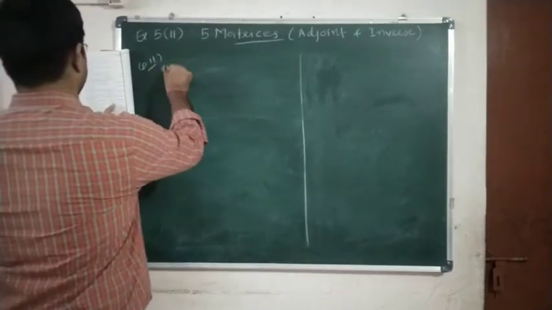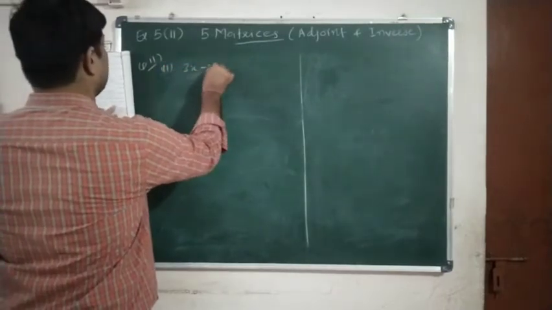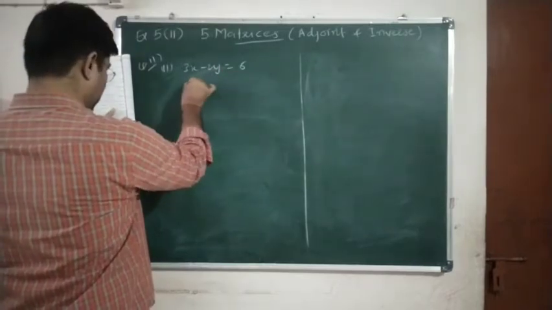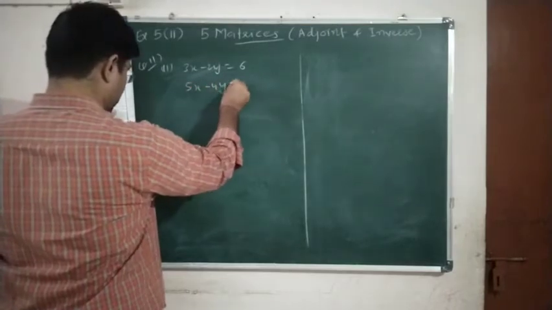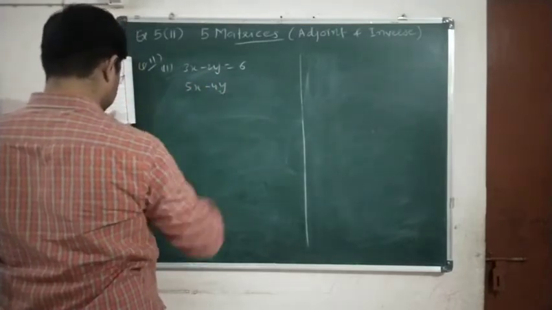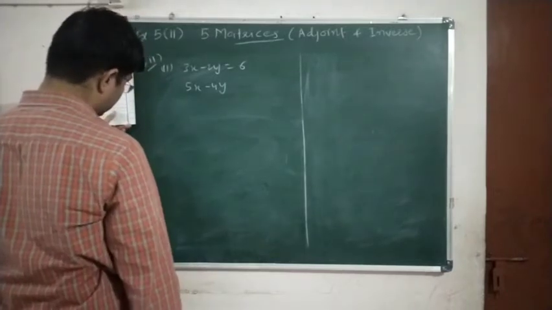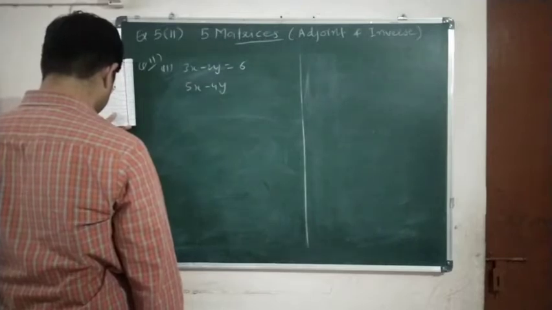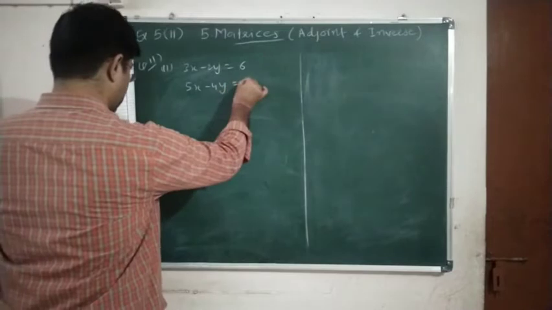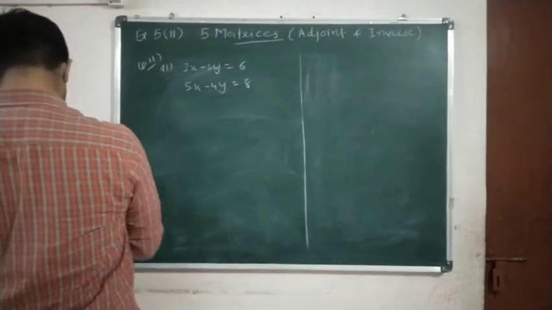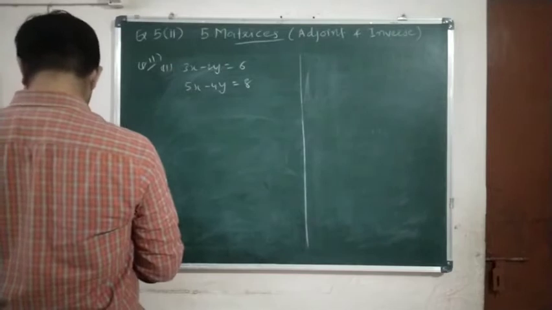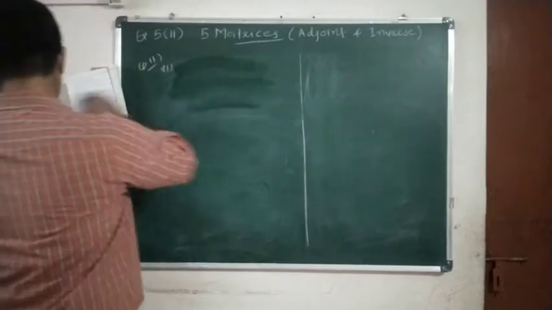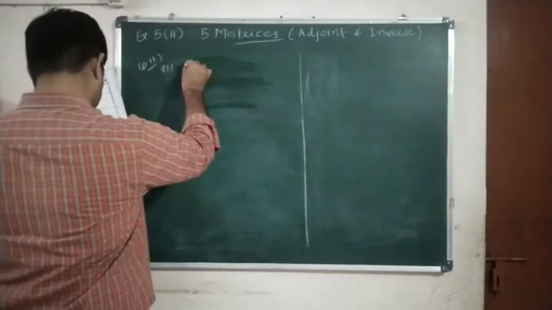Question number 11, second one. 3x minus 2y is equal to 6 and 5x minus 4y is equal to 8. Okay, by mistake, this is the second of question number 10. Question number 11 is this.